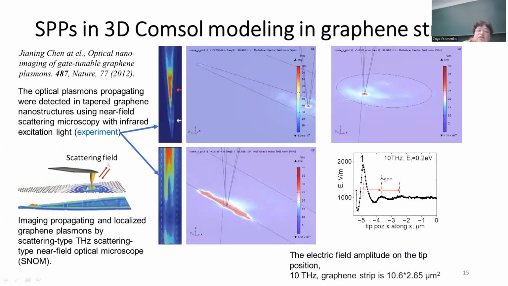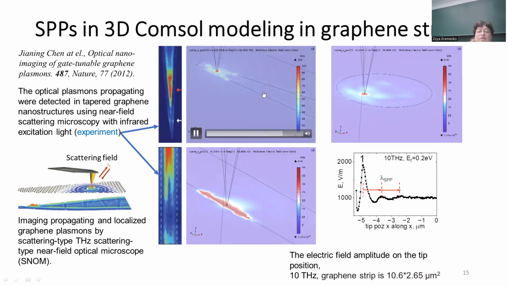And there is, I'll show as an example, the paper in which there is experimental observation of these waves as shown on this picture, and in these videos I can show you the COMSOL modeling results in this triangle sheet of graphene.